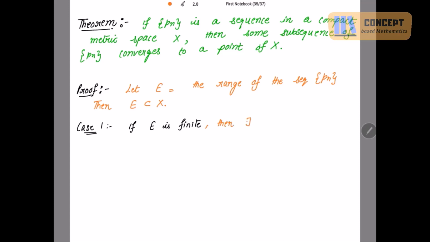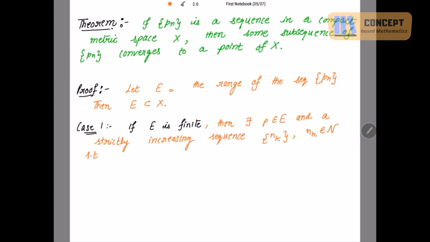Then there exists a point P belonging to this range E and a strictly increasing sequence Nk, where Nk belongs to the natural numbers, such that this Nk is a subscript for the subsequence, right?